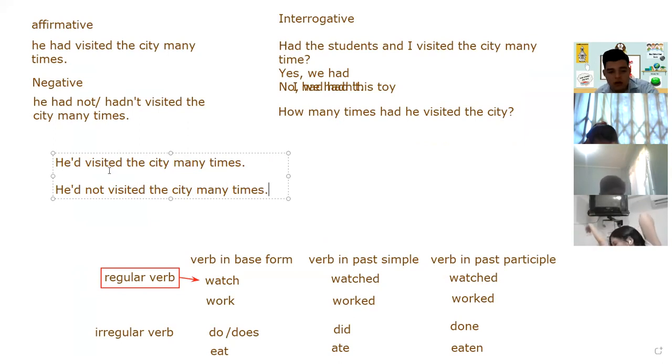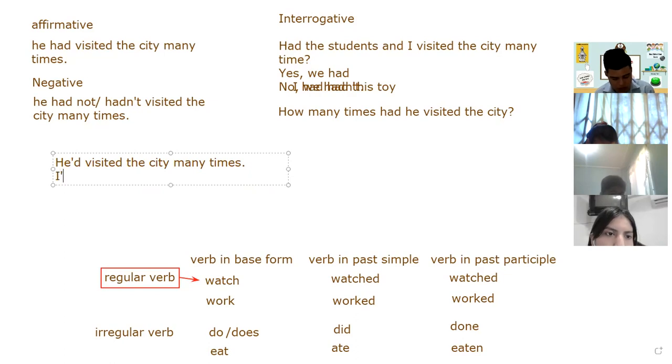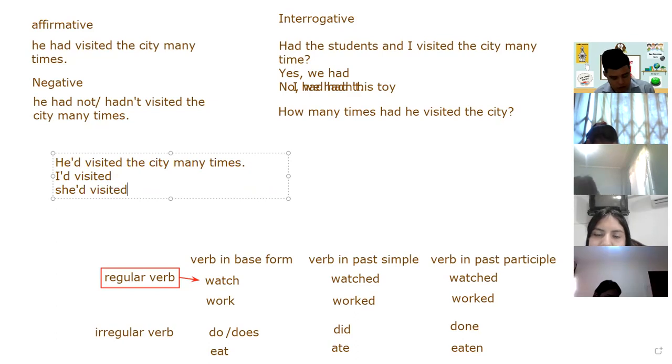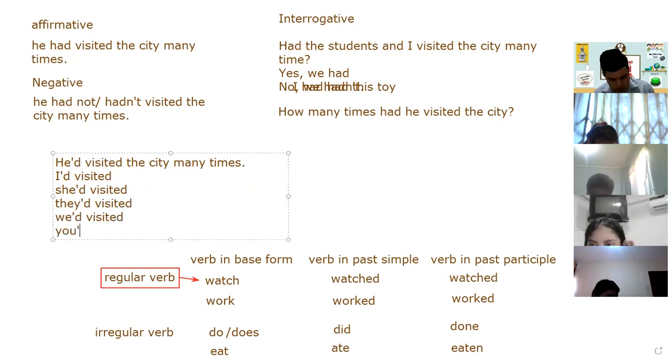But over here we have the contraction in affirmative: he'd visited the city. We can use had visited: she'd visited, they'd visited, we'd visited, and you'd visited, it'd visited.